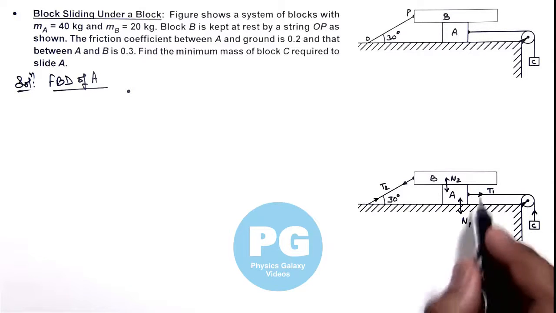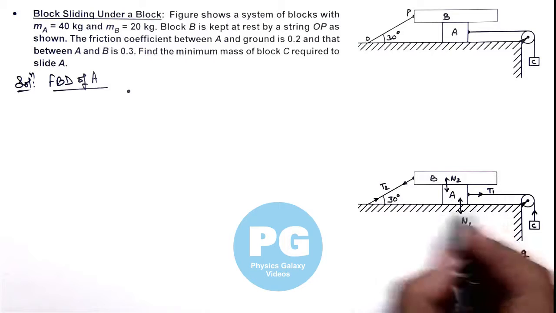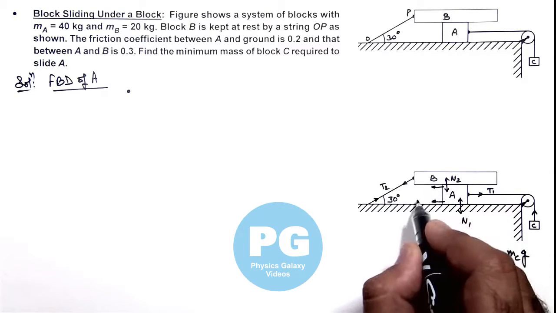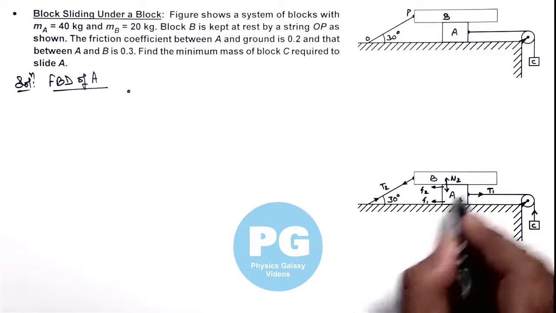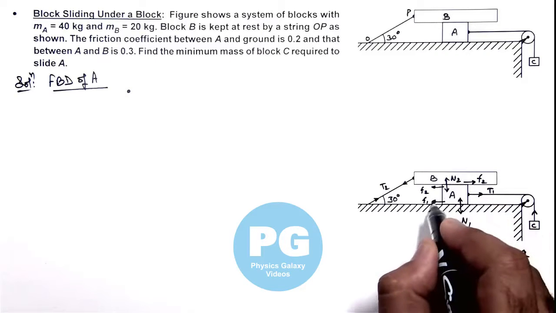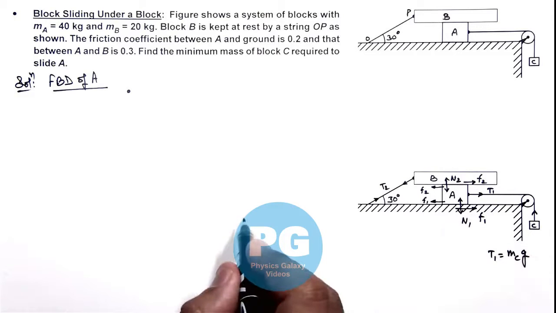So we can calculate the value of T1 and get the mass of block C required to slide it. As A has a sliding tendency toward right, friction on it will act in leftward direction. Here this will be F1, this is F2, and F2 will act on block B in opposite direction, and the reaction of F1 will act on ground, which is not going to be used in this case.